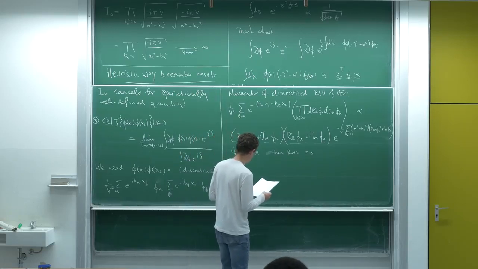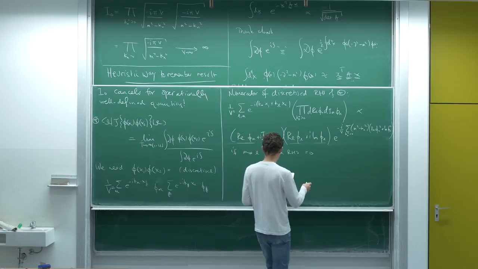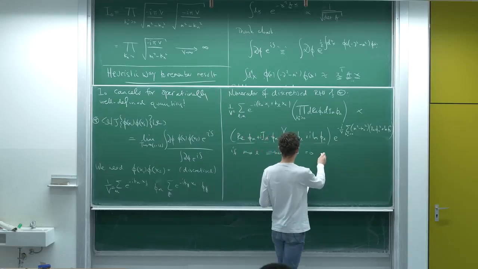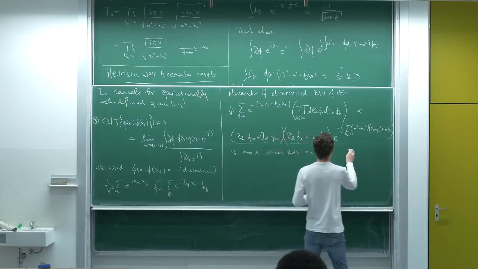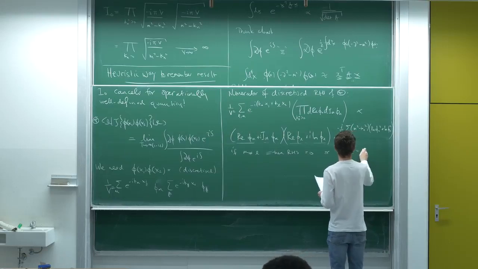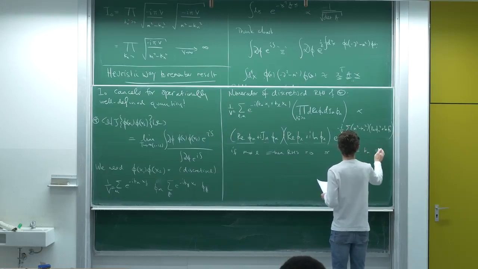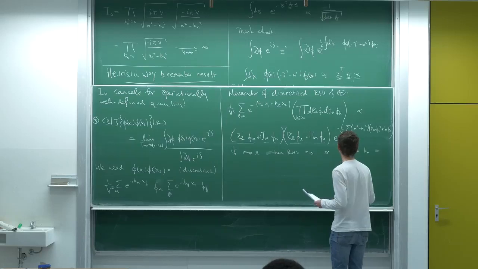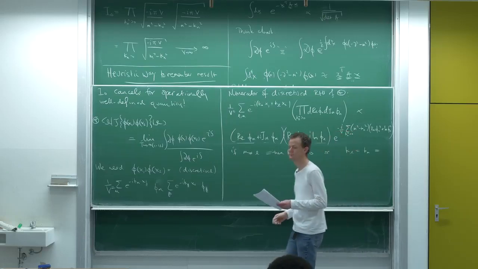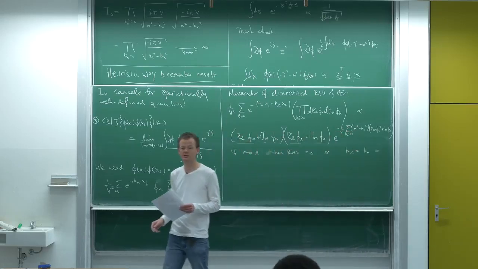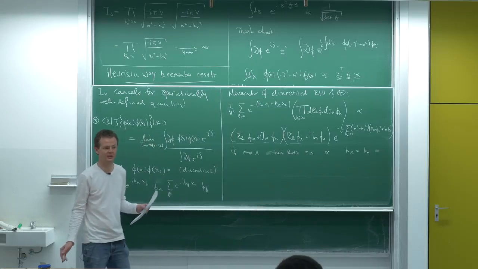And we also know that if kl is equal to km, the integral vanishes. The only term which doesn't vanish is when kl equals minus km.